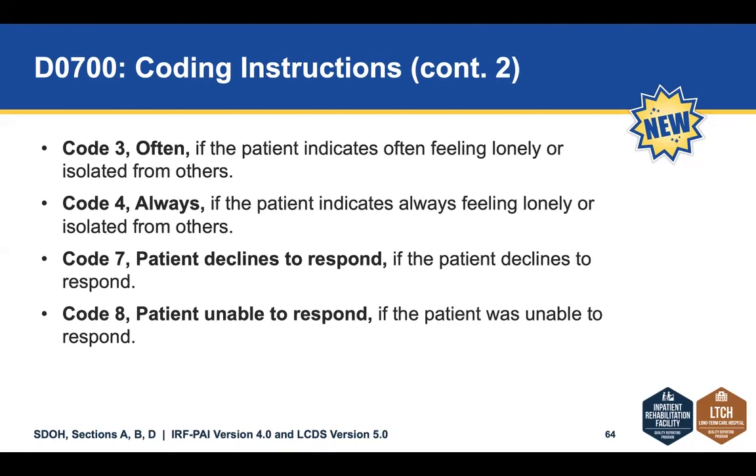The assessor would choose code 3, often, if the patient indicates often feeling this way. Code 4, always, if the patient indicates always feeling lonely or isolated from others. The assessor would enter code 7, patient declines to respond, if the patient declines to respond to this question, or code 8, if the patient is unable to respond to this question.